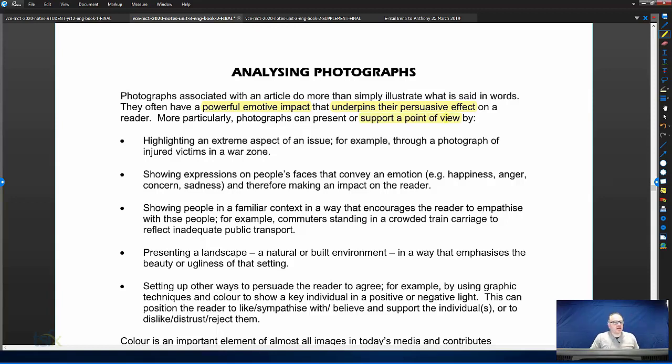And this differs from cartoons because cartoons have their own author with their own set of opinions and their own argument to make. And so often they can correlate, but they could also potentially contradict the article that you've been reading, whereas a photo is going to particularly be chosen to be supporting that point.